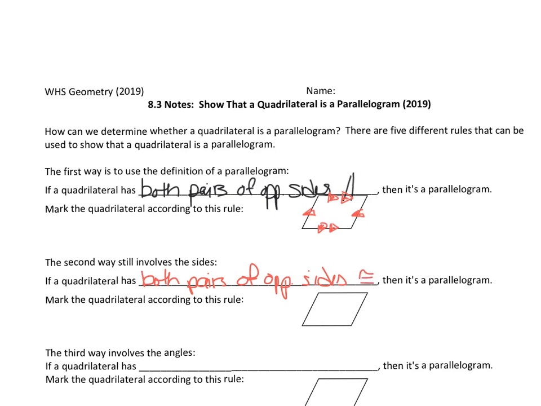So in my figure down below here, if I know that this side length is congruent to this side length, and these 2 side lengths over here are congruent, I need both pairs, then I know that I do have a parallelogram.